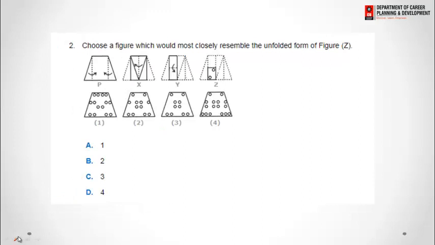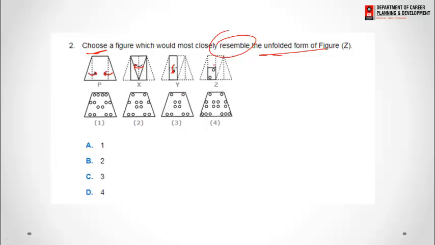Now in question number 2, which figure is the most resembling figure to the unfolded form of figure Z? Firstly we fold the paper something like that, then we fold the paper again in half, and then we fold the paper like this.